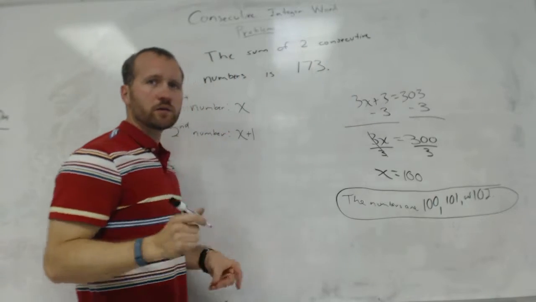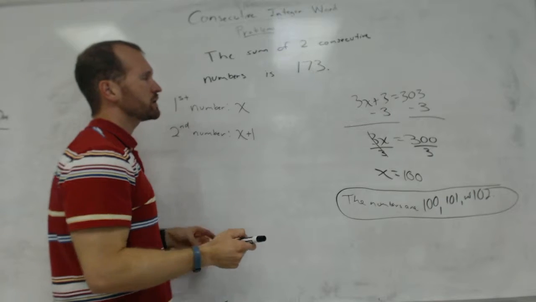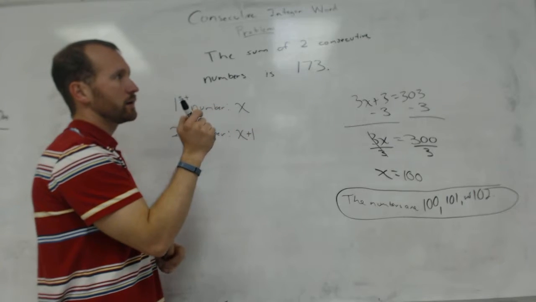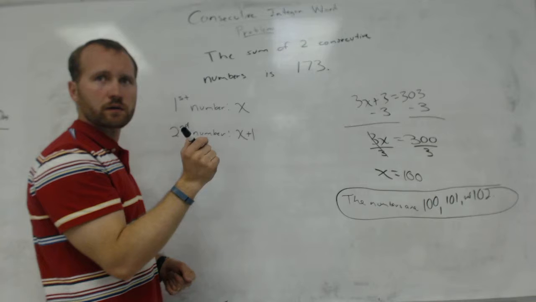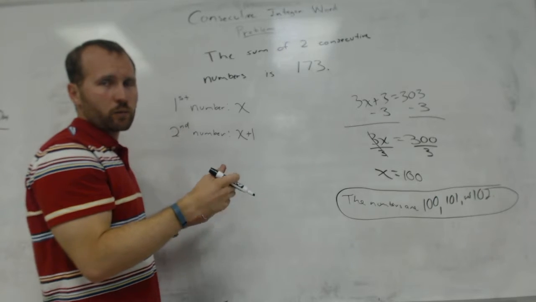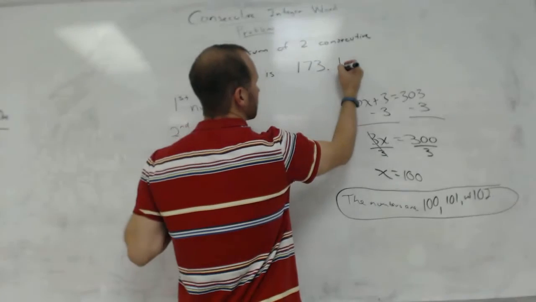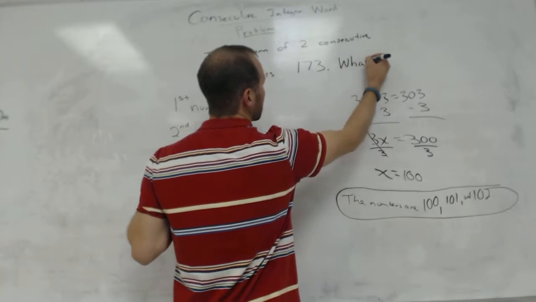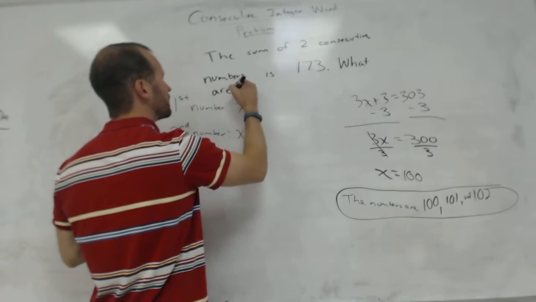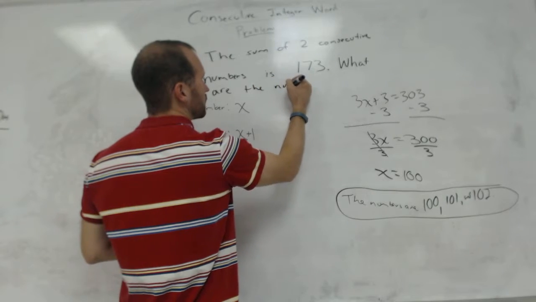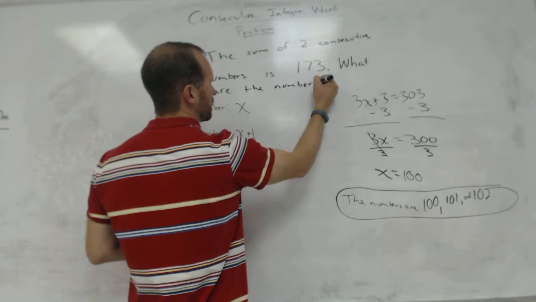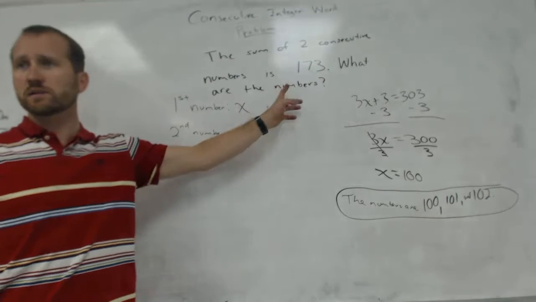Now, this is why you don't know if they're asking us for two numbers. They might say, what is the first number? They could ask you, what is the lower number? I was thinking of just asking you, what are the numbers? But pay attention to the question at the end.